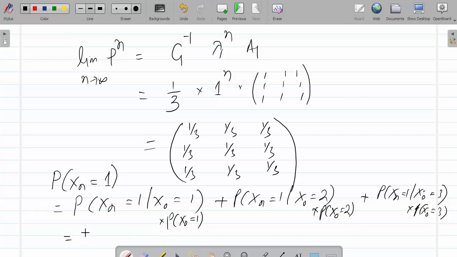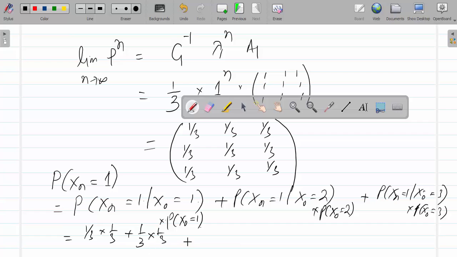So this will be equal to 1 by 3 into 1 by 3, from this 1 to 1 it is 1 by 3, and this probability X0 equal to 1 is 1 by 3, given. So this plus 1 by 3 into 1 by 3, plus 1 by 3 into 1 by 3. This is equal to 1 by 3.